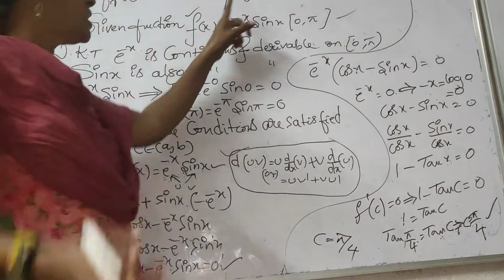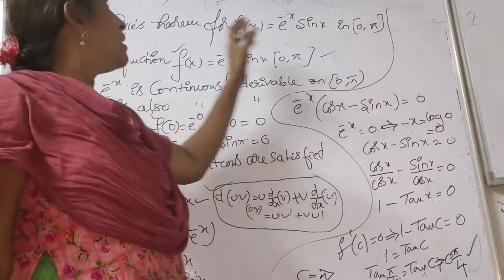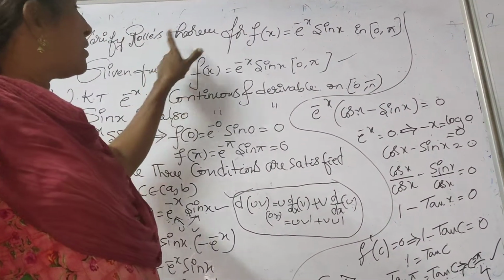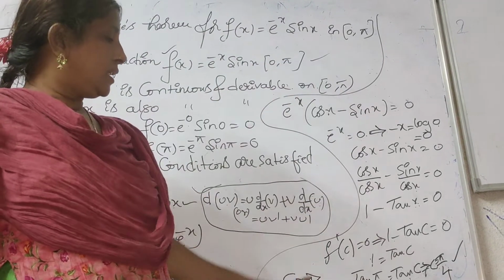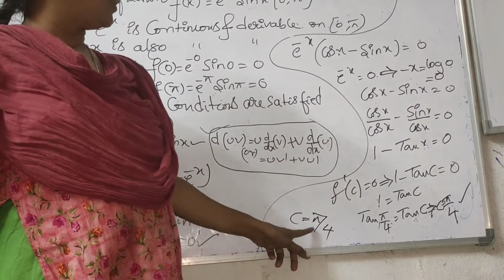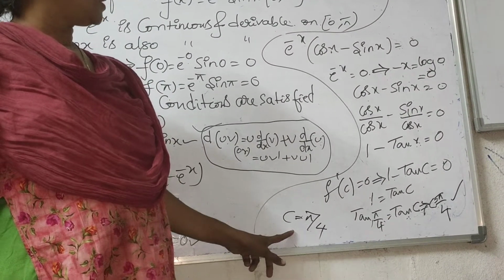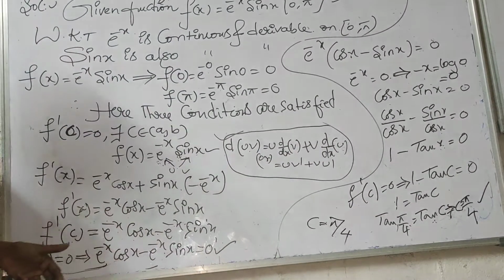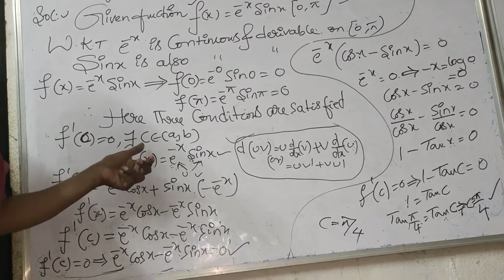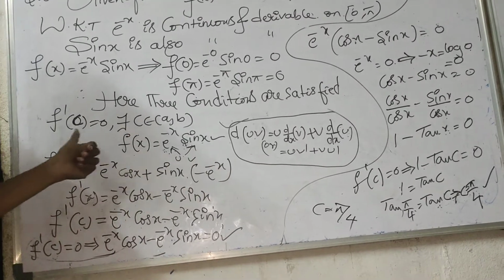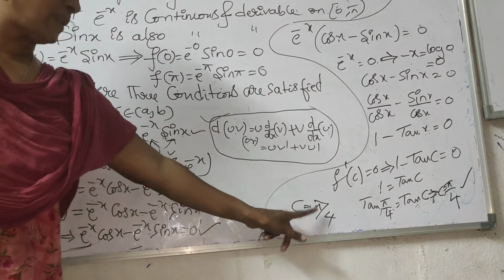Here given function f of x equals e power minus x sin x. Hence verified Rolle's theorem. Why? Because c is pi by 4. That is, Rolle states that if f dash of c equals 0, there exists c belongs to a comma b. Here the c value is pi by 4.